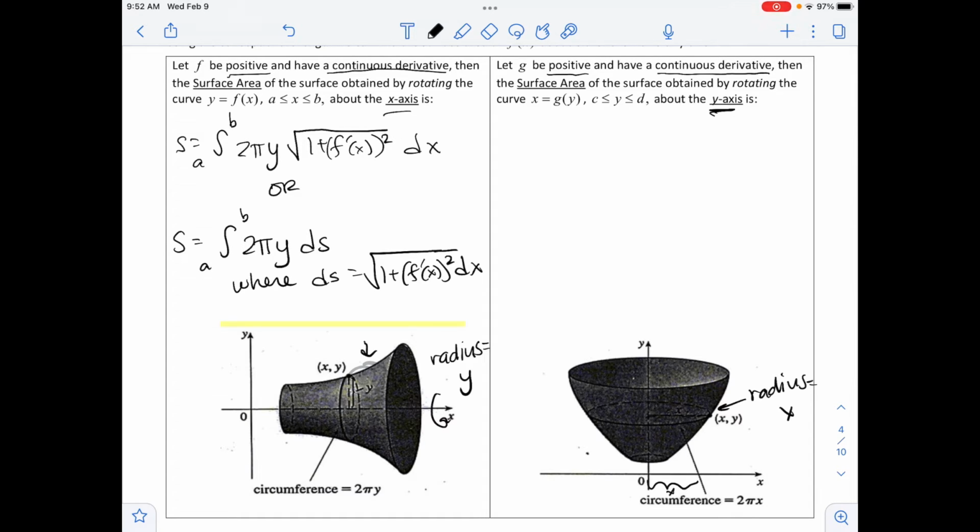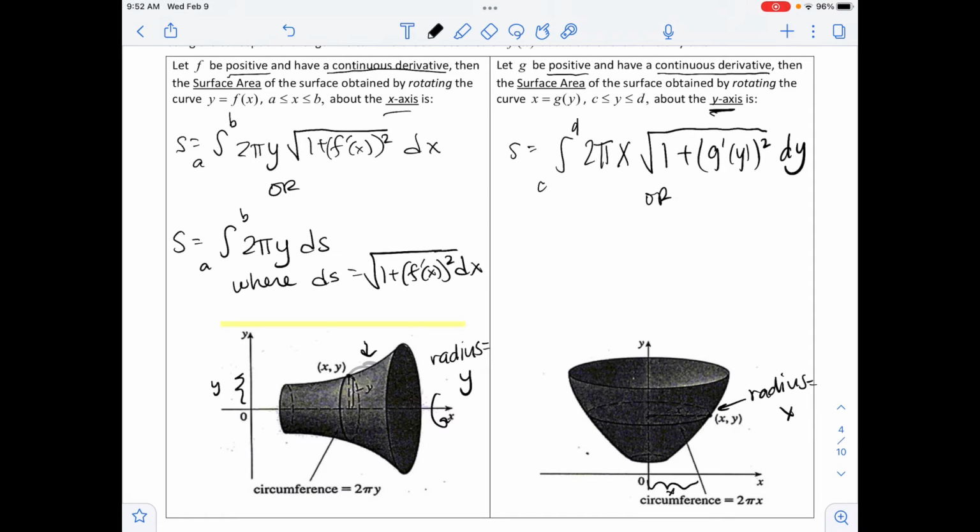So this is x, versus over here in the first one, that was the distance of y. And so our surface area is going to be S equals the integral from c to d of 2 pi radius, the radius in this problem is x, times that length of that curve, which is going to be the square root of 1 plus g prime of y squared dy.